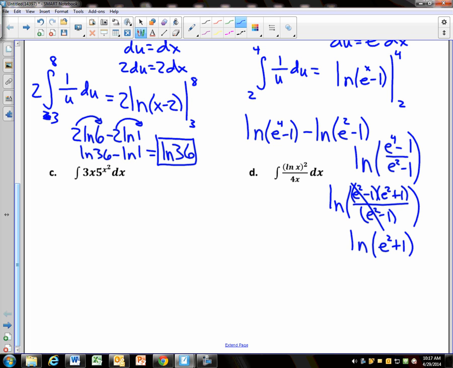What do you think about that? So I'll just give you 2 examples of definite integrals so that you can see how they write them a little bit differently.